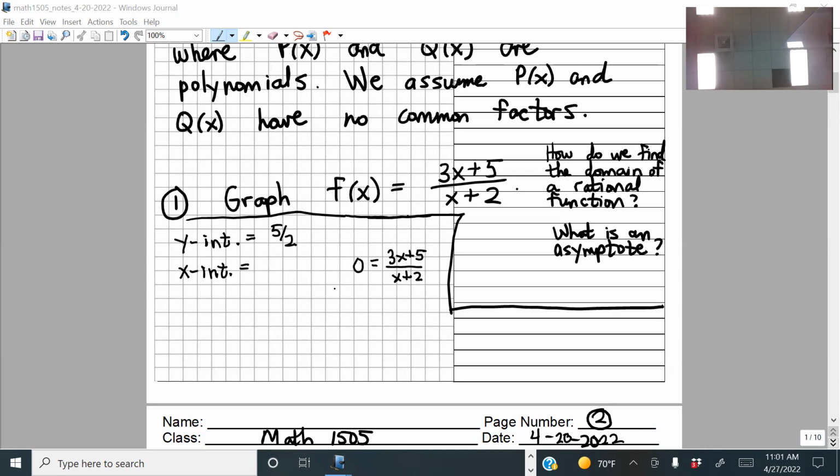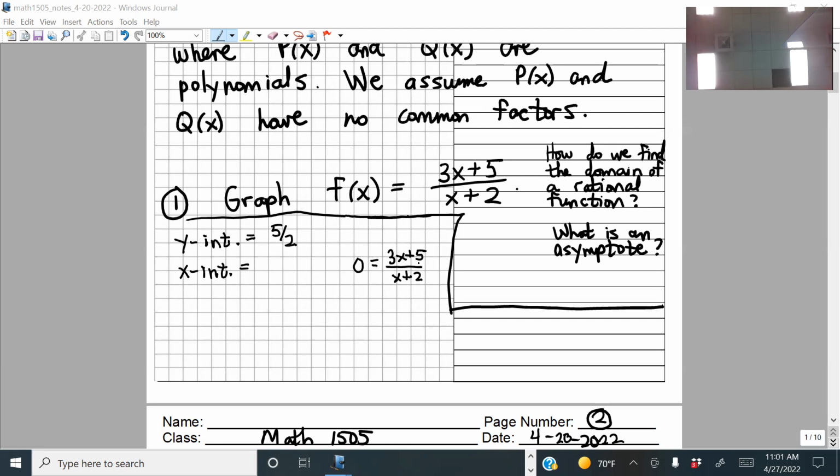With a rational function, remember, its formula is going to be a fraction, because you always have one polynomial divided by another. So when you're finding x-intercepts for rational functions, you'll always have a fraction equals 0. And how does a fraction equal 0? There's only one way. What must equal 0? Not the denominator, but the numerator.